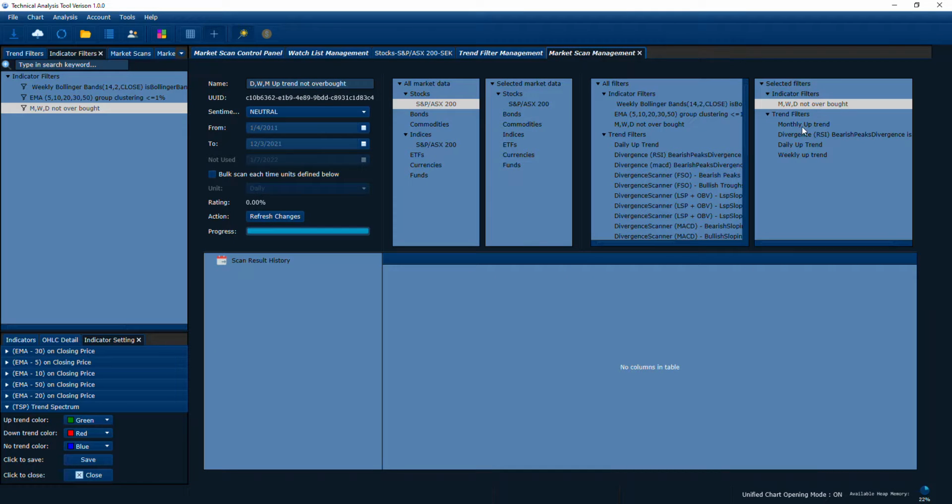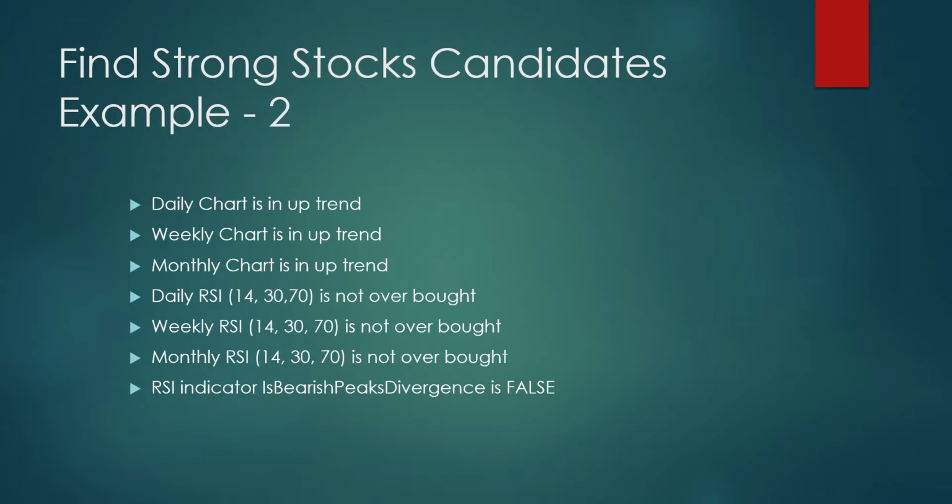And the trend filters: monthly is uptrend, daily is uptrend, weekly is uptrend, and finally we have a divergence condition, RSI bearish peaks divergence is false. Okay, so that's all the conditions we have created in this slide.